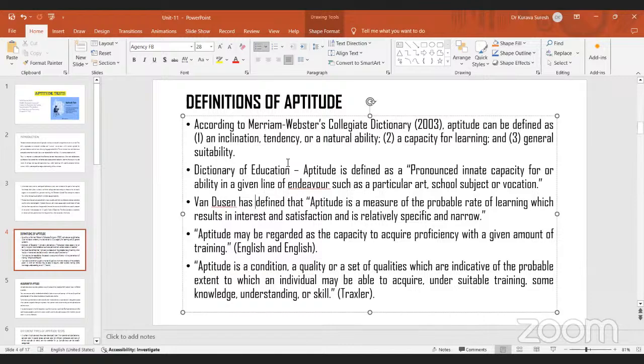In the English dictionary, aptitude may be regarded as a capacity to acquire proficiency with a given amount of training. Aptitude is a condition, quality, or set of qualities indicative of the probability and extent to which an individual may be able to acquire understanding and knowledge with suitable training.